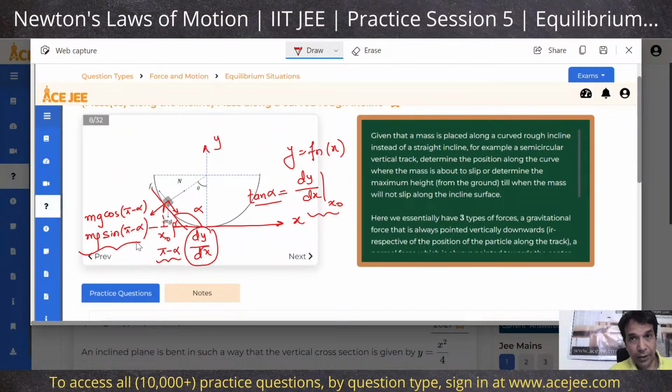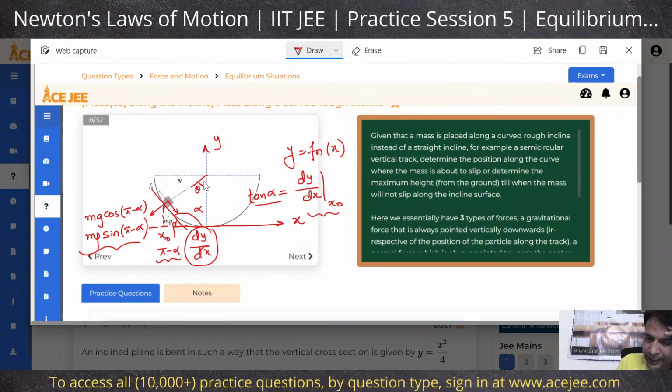If you're given the curve and you have to figure out the components of the forces along the incline at a given point along the curve. Now let's say you are given this angle theta, that the radial line joining the block or the particle to the center of the curve, assuming this is a semicircular curve.